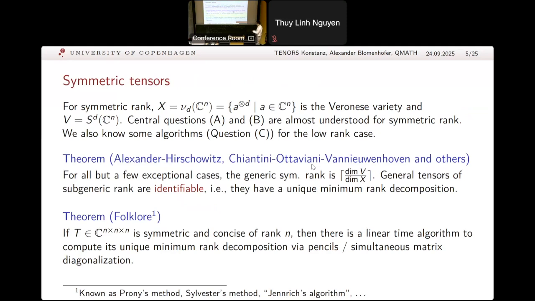Then we take the dimension of V over the dimension of X, and then we take the ceiling, and this is our generic rank, with some exceptions where we have plus or minus 1 or so. But in principle, we know this.